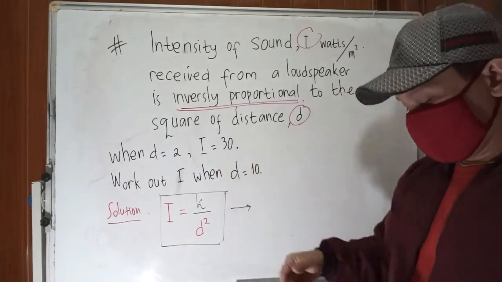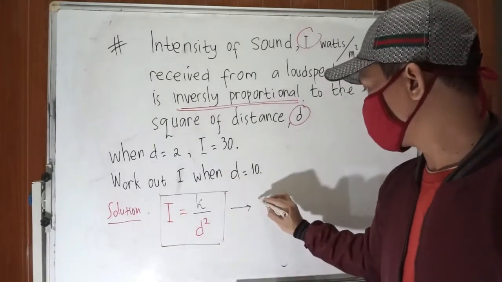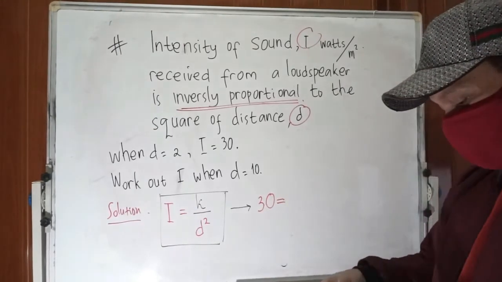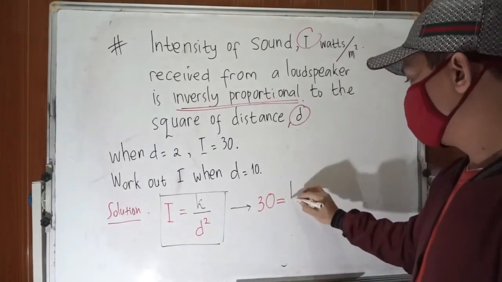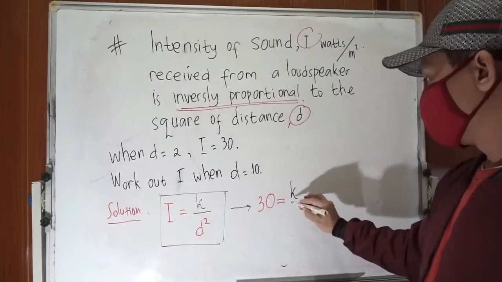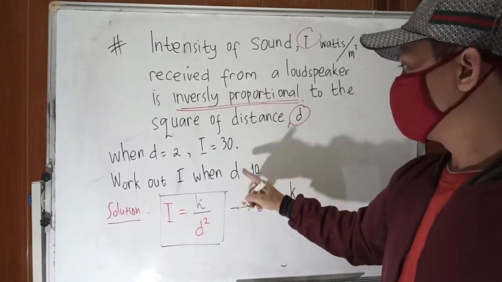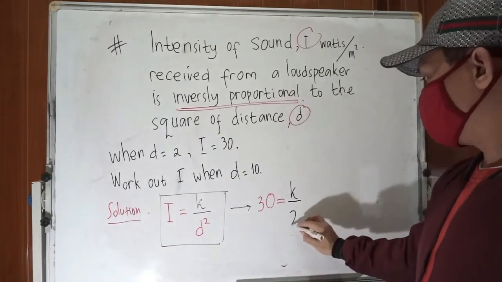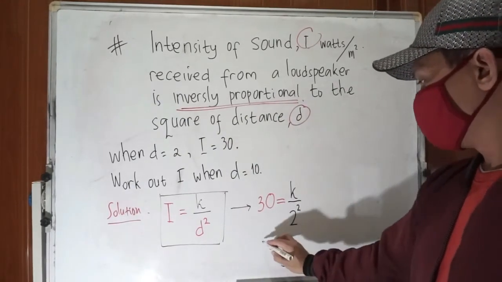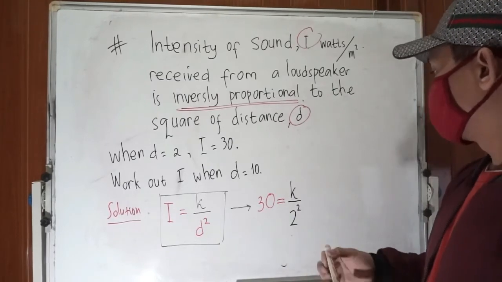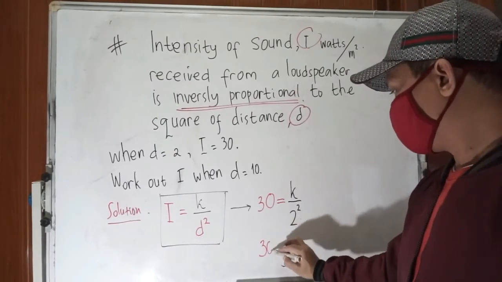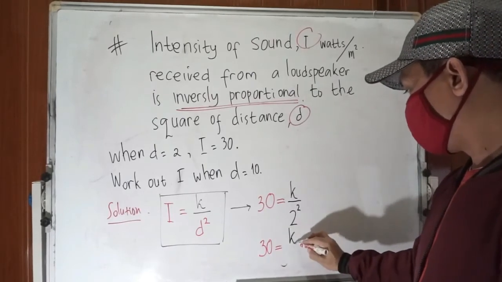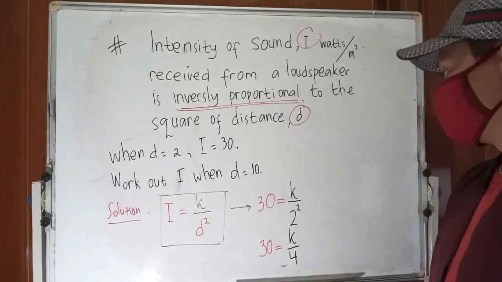I is 30, so 30 equals k, which is unknown, over d, which is 2, squared. So 30 equals k over 4.